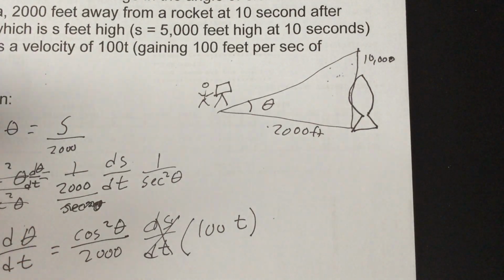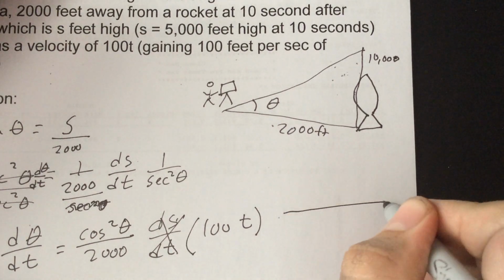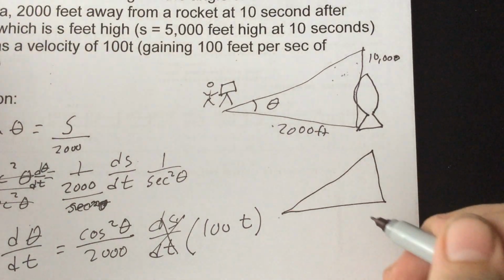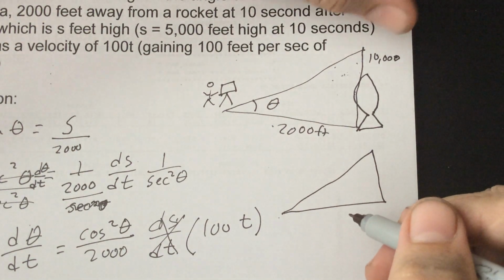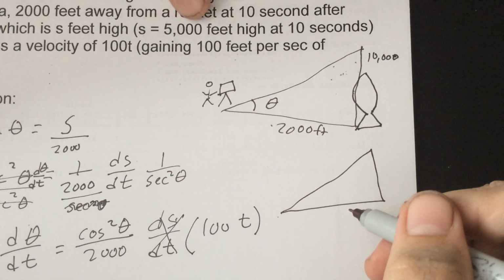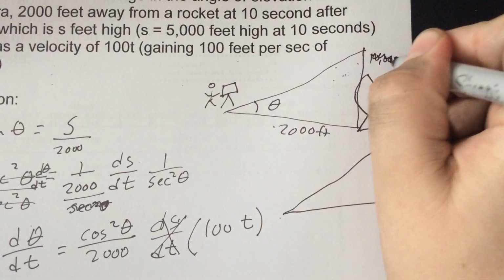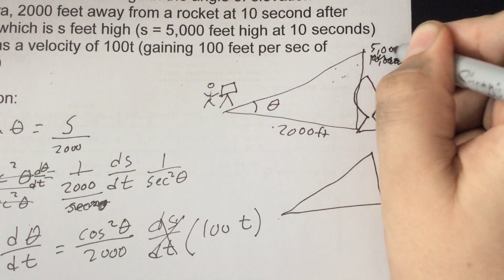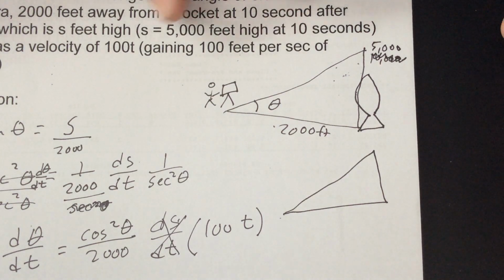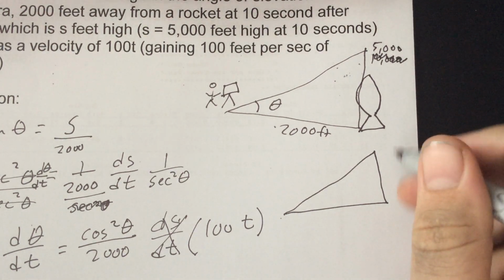Well, if we come back over here to our triangle, if I redraw it here, we know that S is going to be 5,000 feet. Why I put 10,000, I don't know. This should be 5,000. Sorry if that caused confusion. I think I was going off 10 seconds, 5,000 put together. Sorry. So we know this is going to be 5,000 over here.